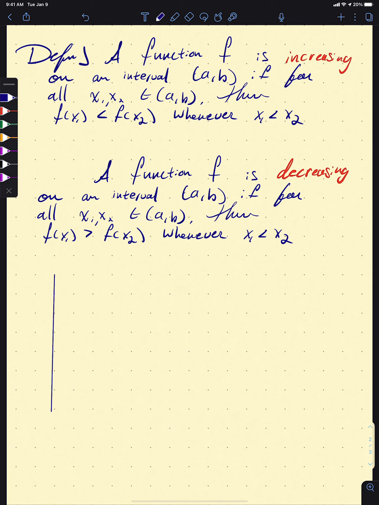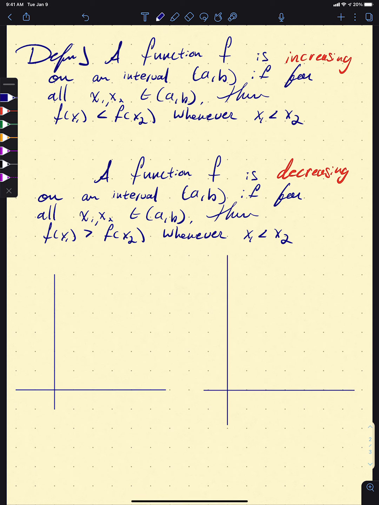The pictures of these situations are pretty much exactly what you would expect. So we can grab some function, say it looks like that.